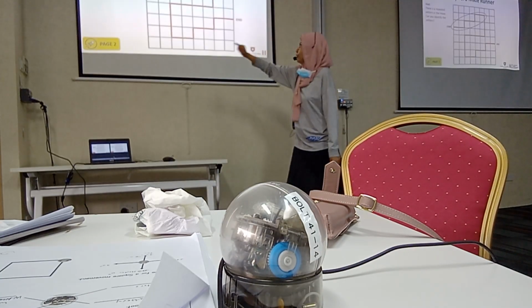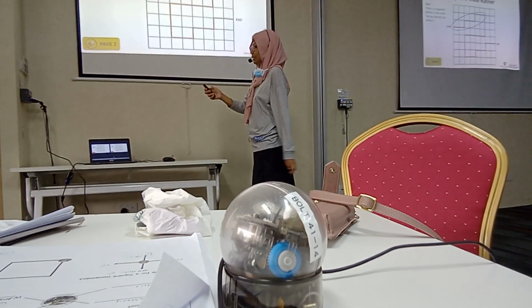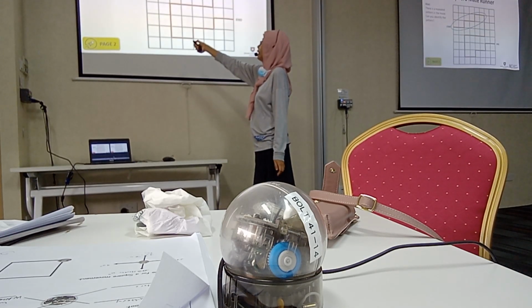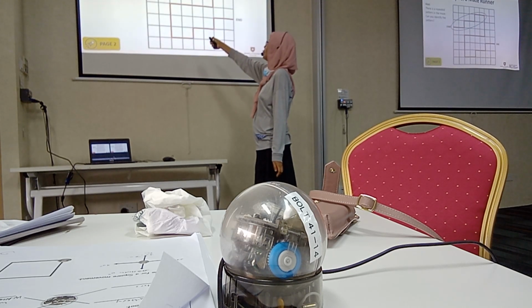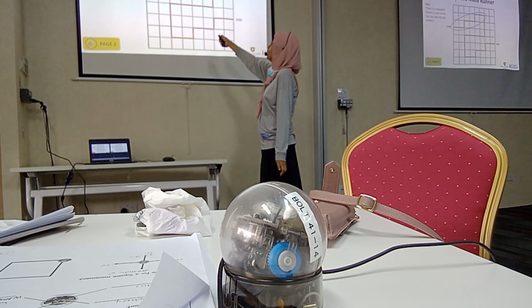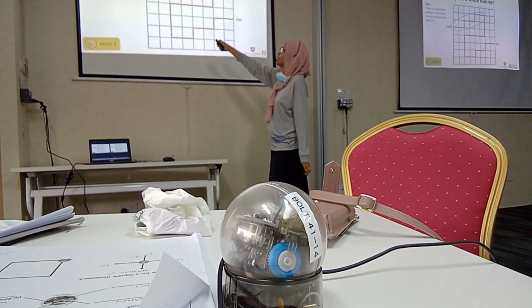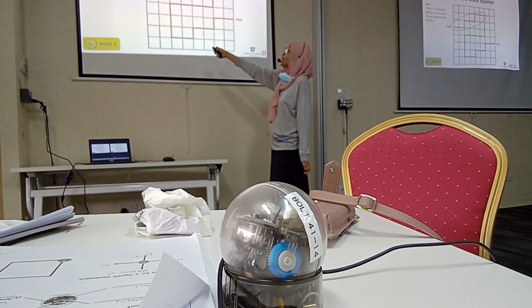Loops is good for the first part over here: straight up, right, up. Two right, one up, two right, one up. So this part is good for a loop. Can you see that?